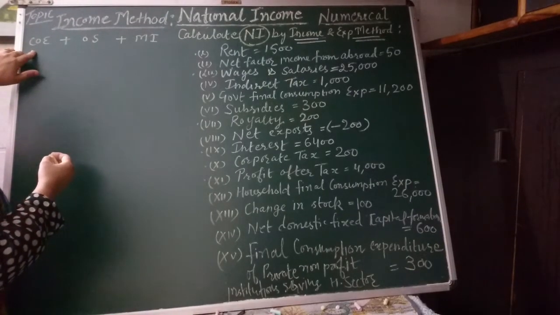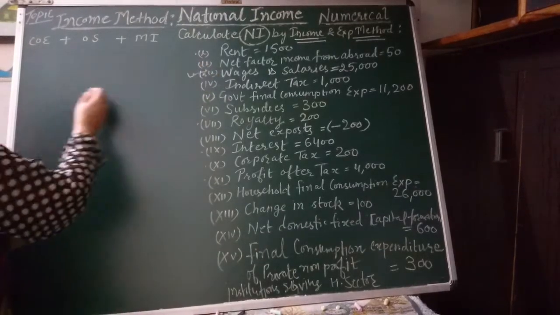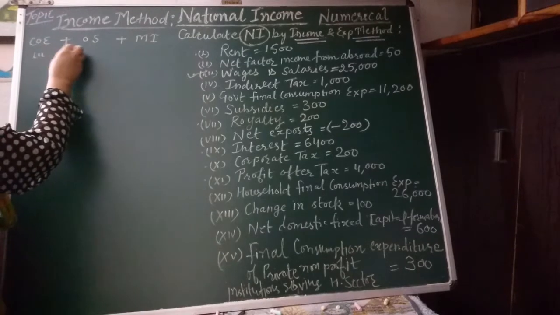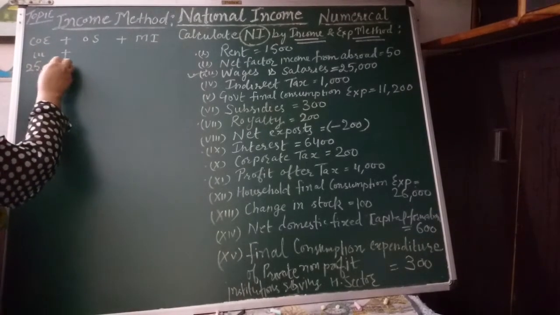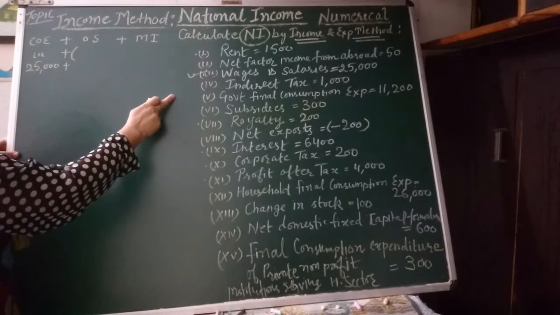The components of compensation of employees are: one component is given, that is wages and salaries. Item number 3, which is 25,000, plus operating surplus.